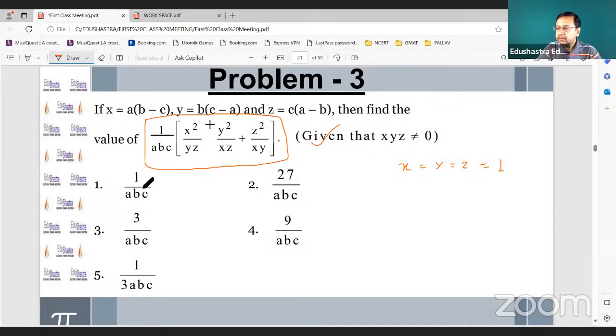Yes, Vamsi, yes, correct. Okay, so when you're putting x is equal to y is equal to z is equal to 1, when simplifying, you will be getting this option, that is the third option, 3 divided by a into b into c. Right?